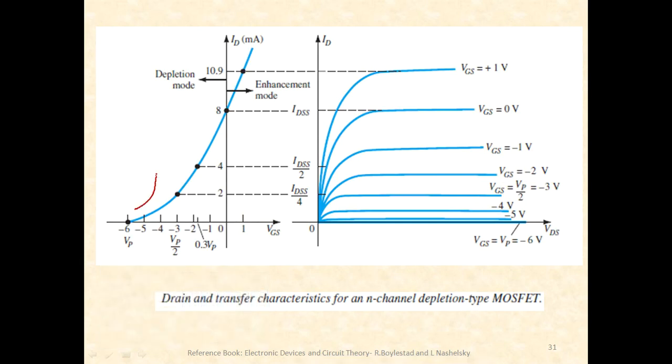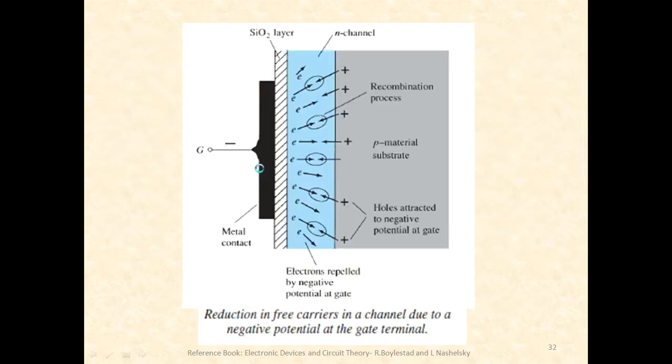So that was the depletion mode, and this region belongs to the enhancement mode. We had looked at the various reasons why we get a depletion mode and also an enhancement mode.